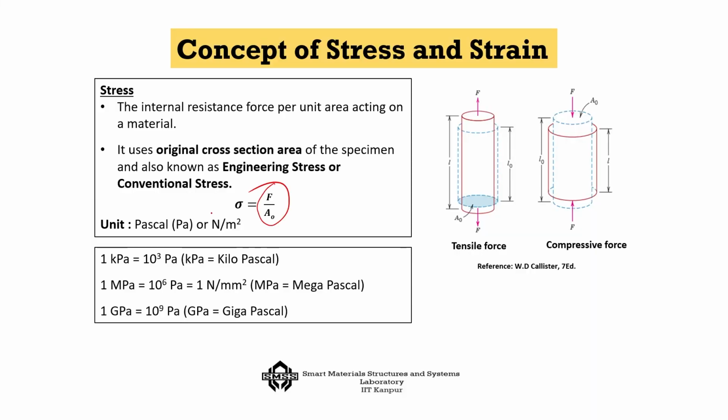Rather, we should define it in terms of a limit: the limit of this ratio as A tends to 0 is actually the stress. So, even though you can simplistically write it as F over A0, a stress is more rigorously defined as the limit as A tends to 0 of the F by A ratio.